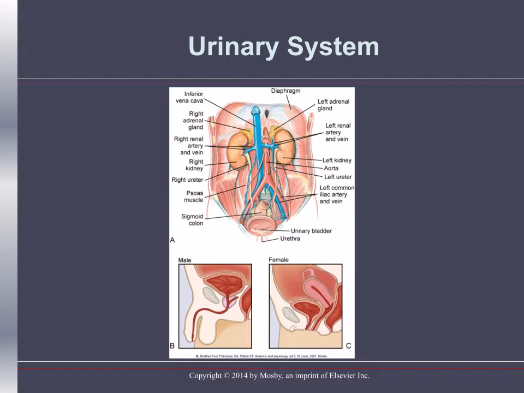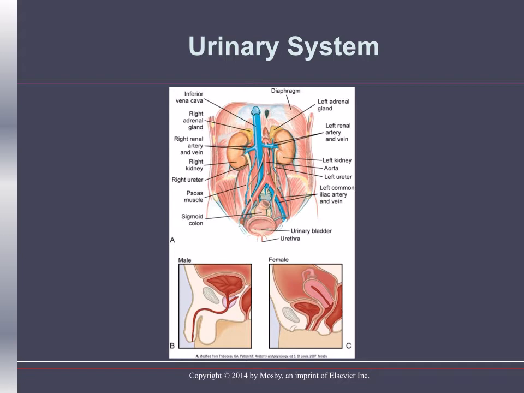There are paired kidneys, and you all know they are bean shaped organs, located retroperitoneally.